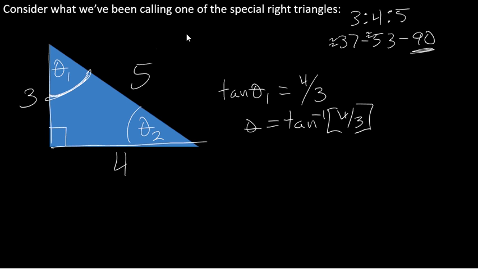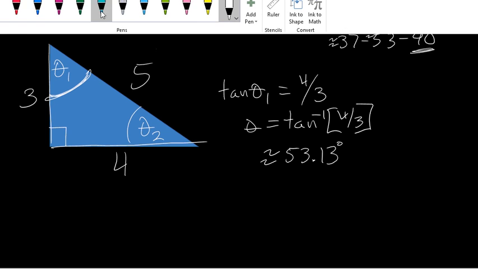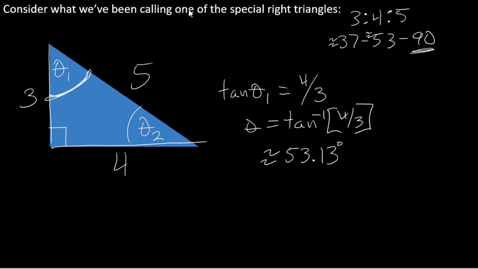I could have done the arc sine of 4 over 5, right? Whatever. Tangent is usually easier for me. Okay, so let's do that. So arctangent 4/3, we get, well, something that we already knew, approximately 53.13 degrees.